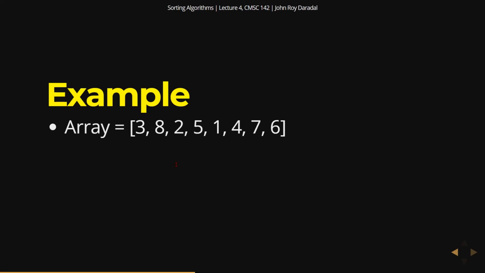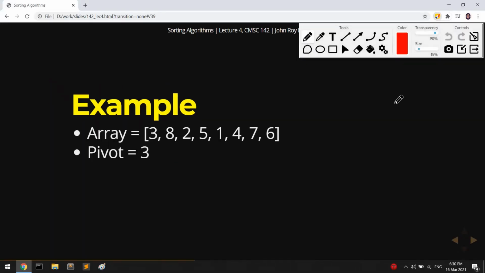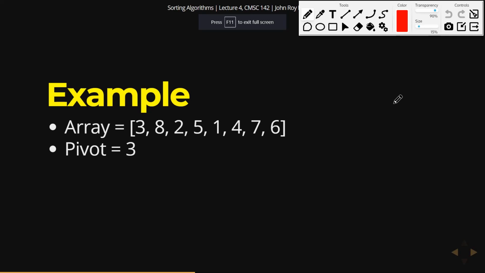So let's say we have 3, 8, 2, 5, 1, 4, 7, 6 as the array, and let's say that our pivot is 3. So what will happen is, if we use this as the pivot, when we rearrange this one, 3 will be here, 8 would go to the right because it's greater than the pivot. 2 would go to the left. 5 would go to the right. 1 would go to the left. 4 would go to the right. 7 and 6.